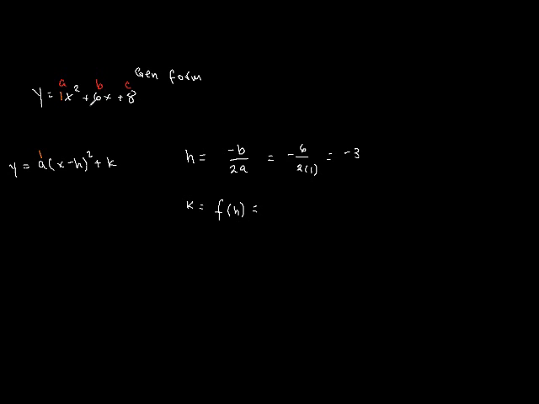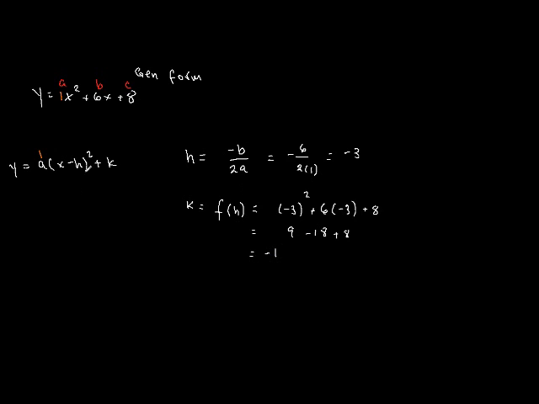So what we have is negative 3 squared plus 6 times negative 3 plus 8. This gives us 9 minus 18 plus 8. That's minus 1. So our h and k are negative 3 and negative 1 respectively.